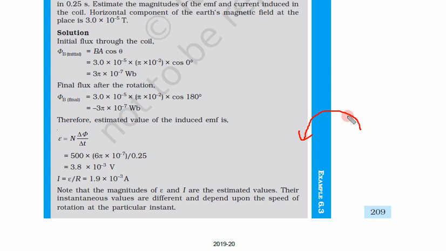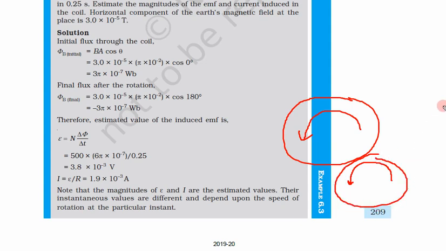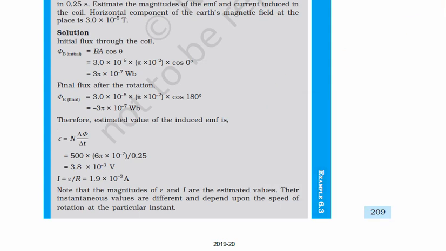If it depends on the rotational speed, suppose it starts slowly, then moves faster, and then slows down again, the flux change with time will change. But here we are estimating that it moves slowly and in this 0.25 second it completely moves. So these are only estimated values and exact values depend on the speed of rotation.